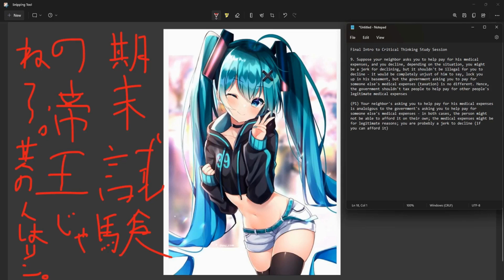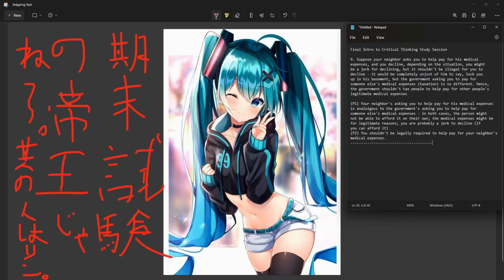And then the second one, P2, is you shouldn't be legally required to help pay for your neighbor's medical expenses.